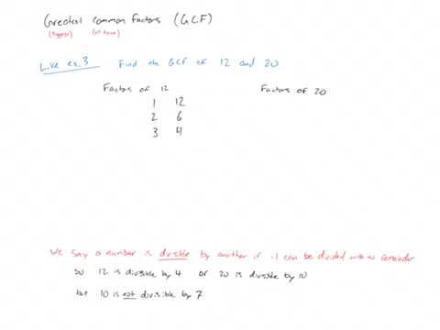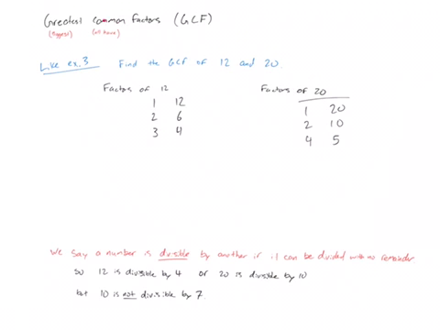So those are my 6 different factors of 12. I'm going to do the same idea with 20: 1 and 20, 2 and 10, 3, nope, 4 and 5. So these are my 6 factors of 20.